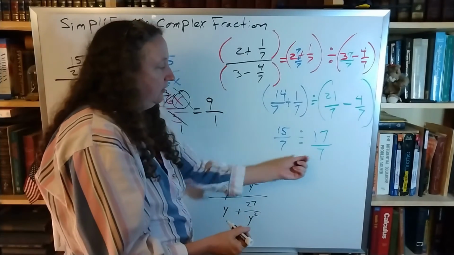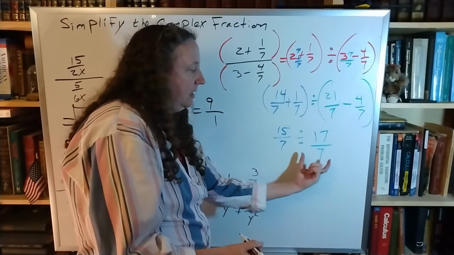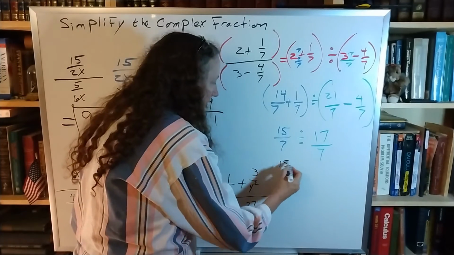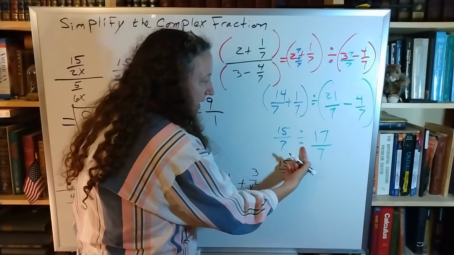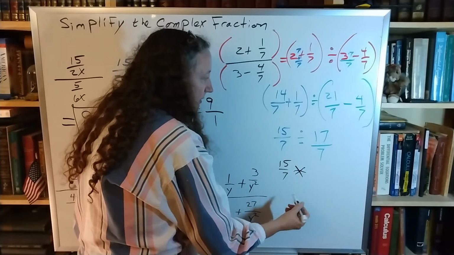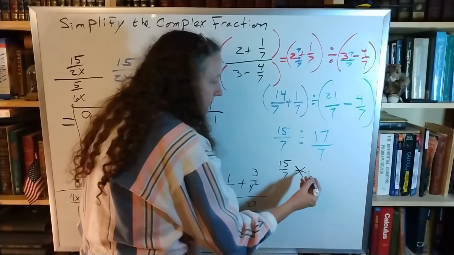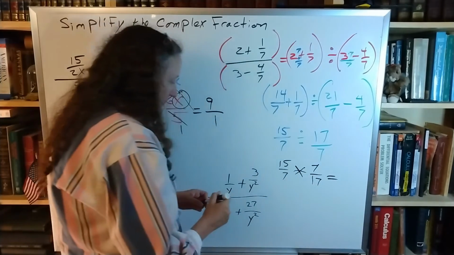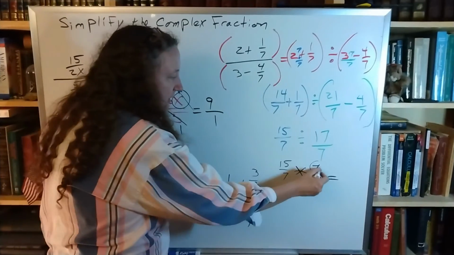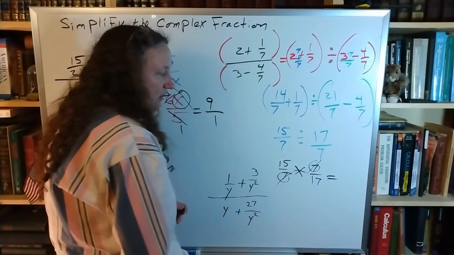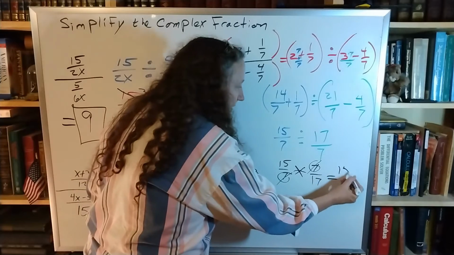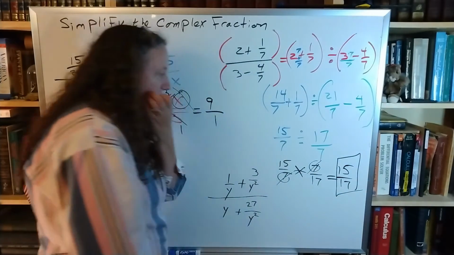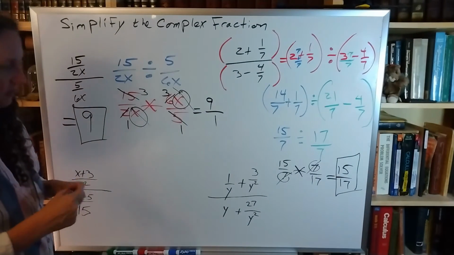Now that I have it like this, I have one fraction divide by another fraction. Now I can keep this one the same, change that divide by into times, and flip this fraction over itself. I see the 7 and the 7 just flat out cancel each other, and I have 15 over 17 for my answer.